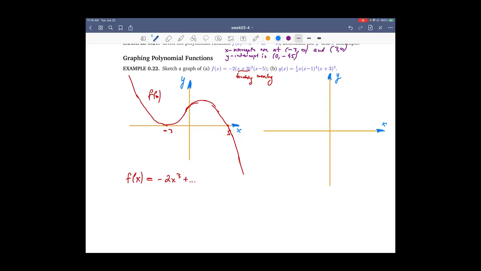The roots are 1, 0, and negative 3. 0 and negative 3 are roots of odd multiplicity. So it follows that at (0, 0) and (negative 3, 0) we have crossings.